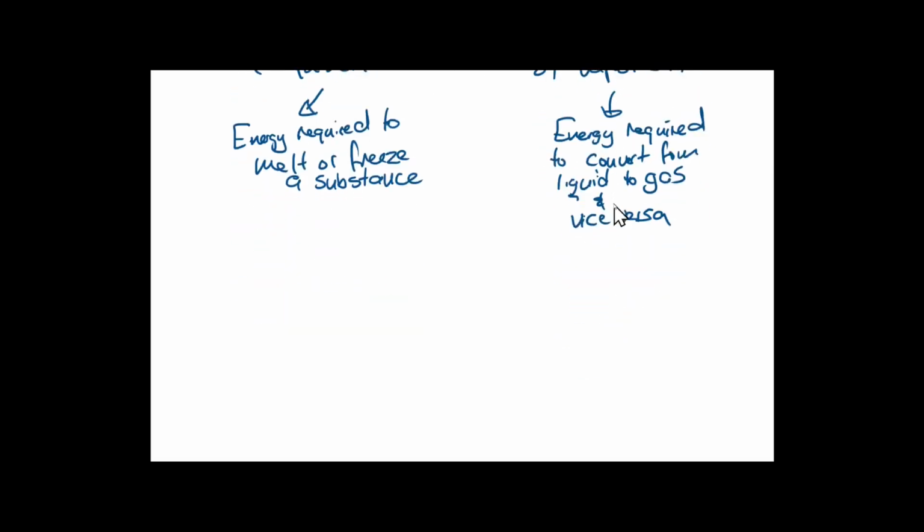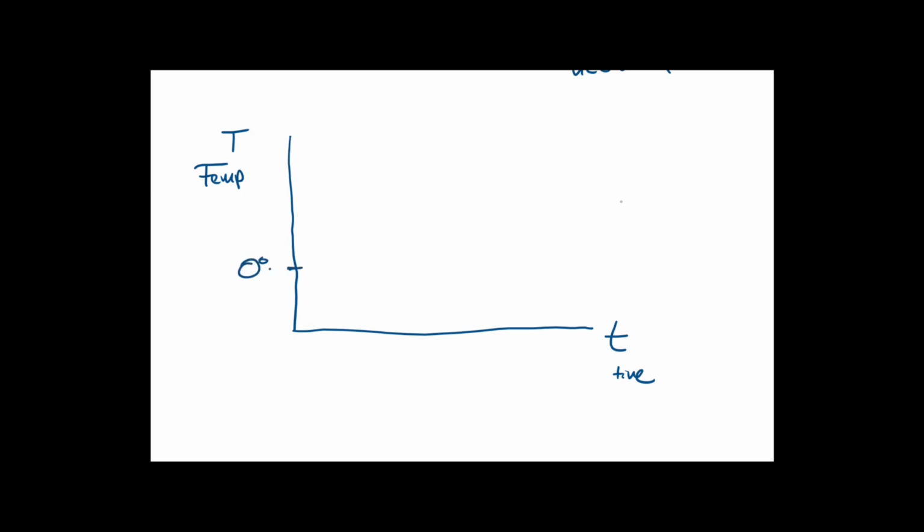So let's take an example of our block of ice. Along here we have the time, and along here we have the temperature, capital T. Okay, time and temperature. And here we have 0 degrees Celsius, and here we have 100 degrees Celsius.